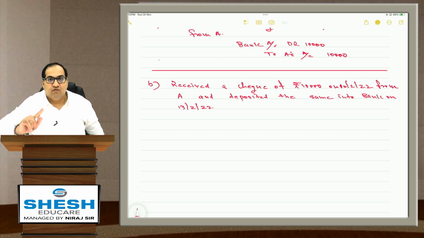As I discussed with you when I was discussing a situation, henceforth in lifetime, whenever you will come across check received, not specifically even bearer check received, so it is a cross check received, you must cross verify whether the check was deposited on any other date or not. So yes, we checked and we got to know that the check was received by us on 10th, but it was deposited into the bank on 13th.